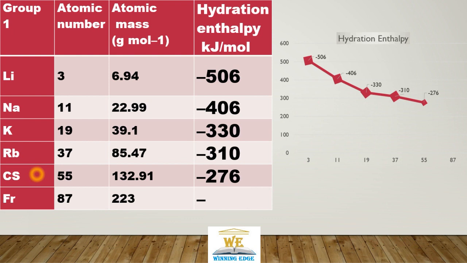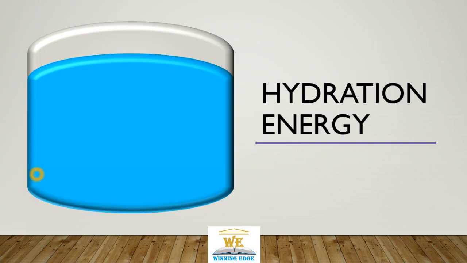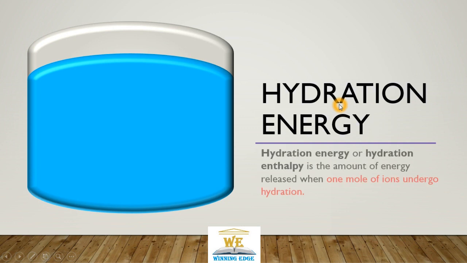Let's see first what hydration energy is. Hydration energy is the amount of energy released when 1 mole of ions undergoes hydration. So for any 1 mole of ions that hydrate in water, the total energy released during that process is called hydration energy.